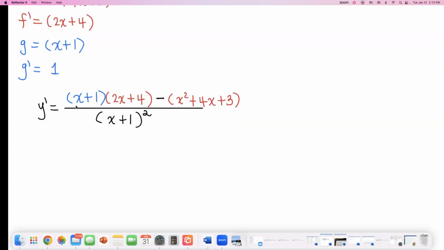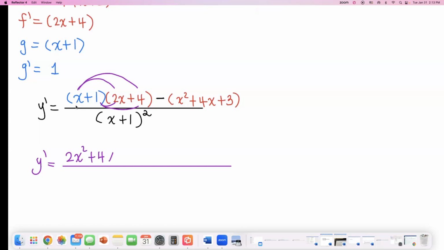Now let us simplify that numerator. I'm going to FOIL this first piece. So y prime equals, let's do that multiplication, 2x squared plus 4x plus 2x plus 4. So I FOILed it out.